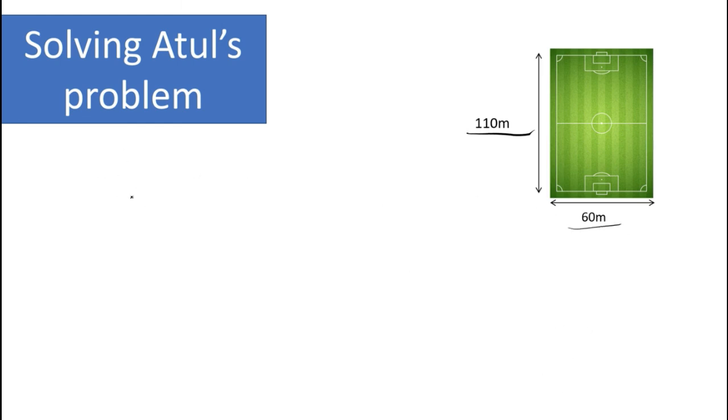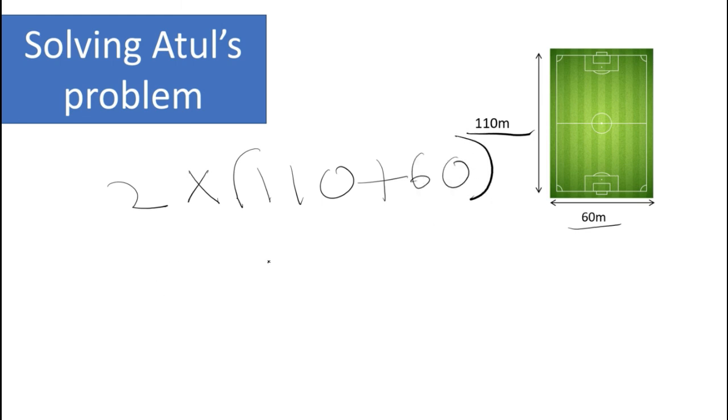Okay, so it will be 2 into the length, which is 110, plus the breadth, which is 60. Okay, now 110 plus 60 is equal to 170. Okay, and now we have to multiply by 2.